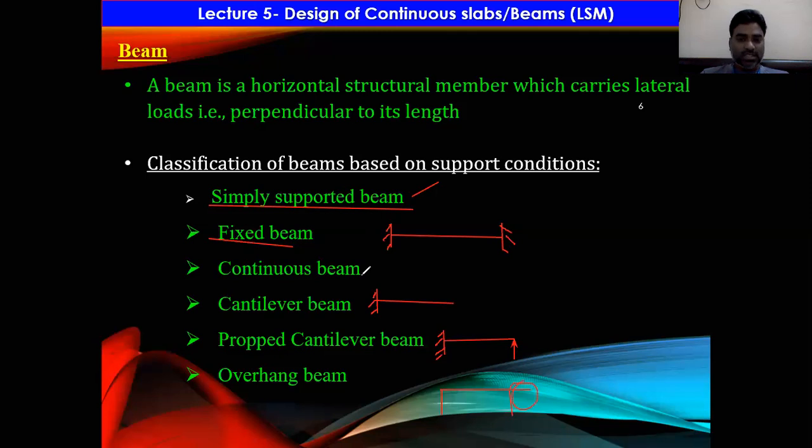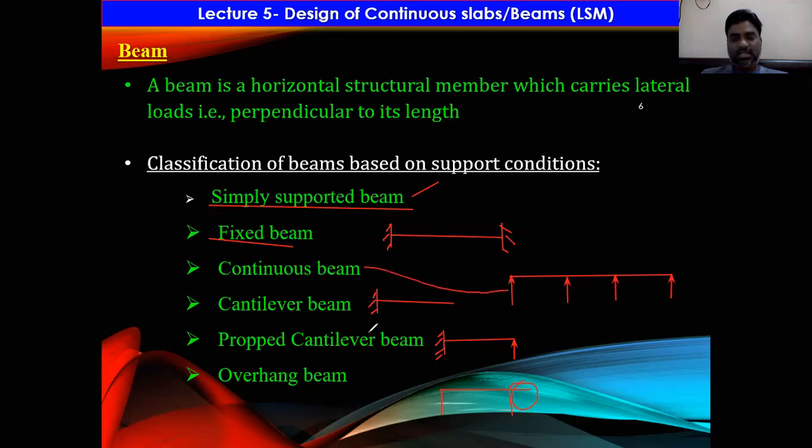Then what is a continuous beam? A continuous beam is nothing but a beam supported on more than two supports. See here, if the beam is supported on more than two supports, then we call it a continuous beam, right?